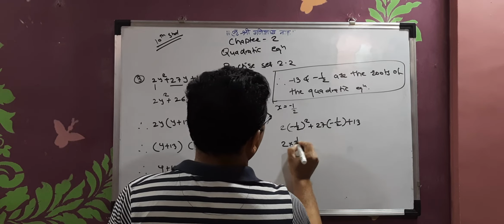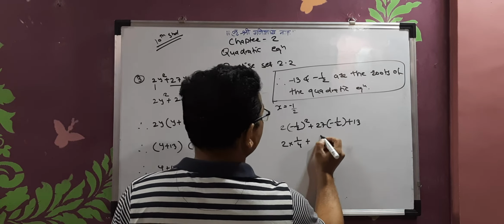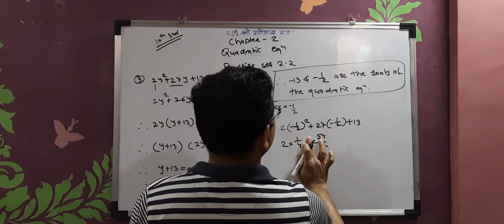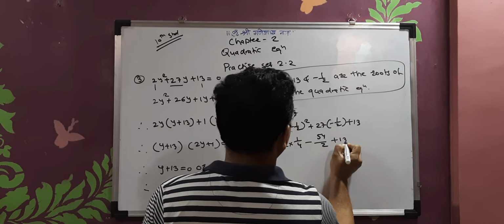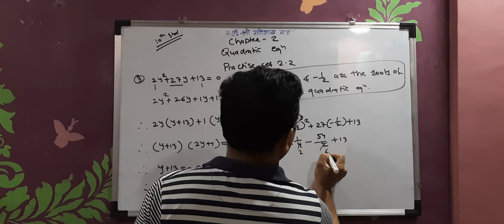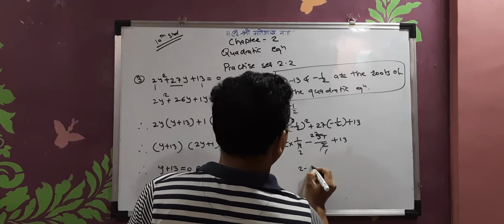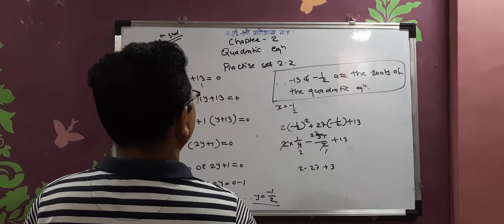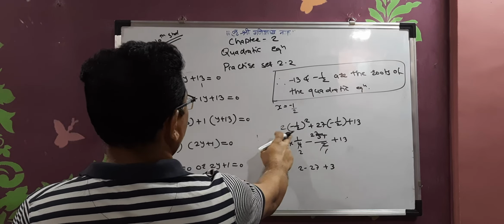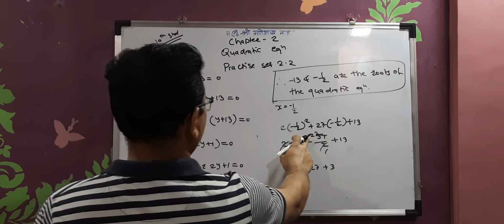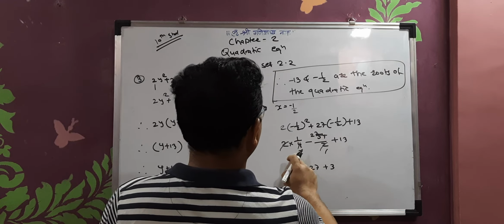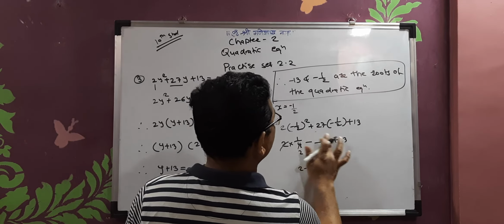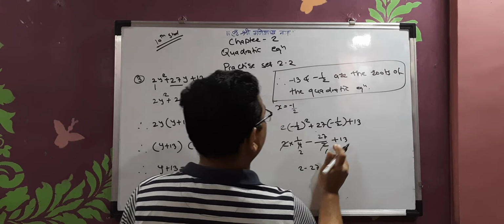So 2 into 1 by 4 is 1 by 2, and 27 into 1 by 2 with the minus sign is minus 27 by 2, plus 13.